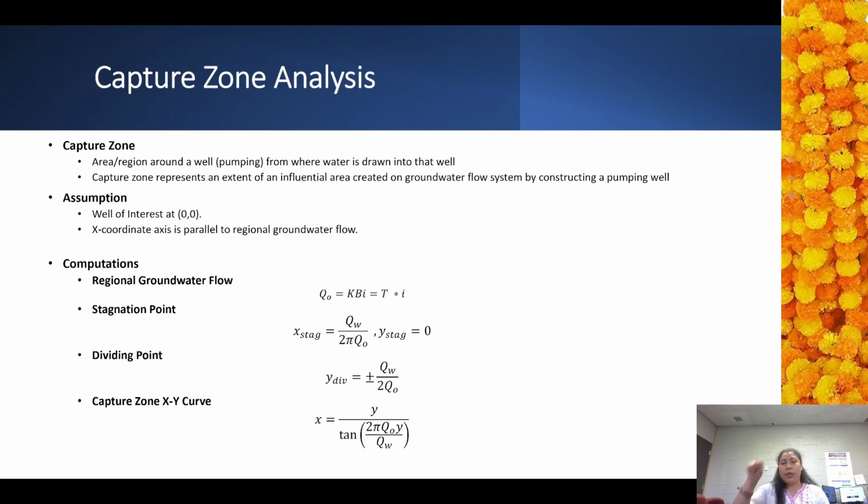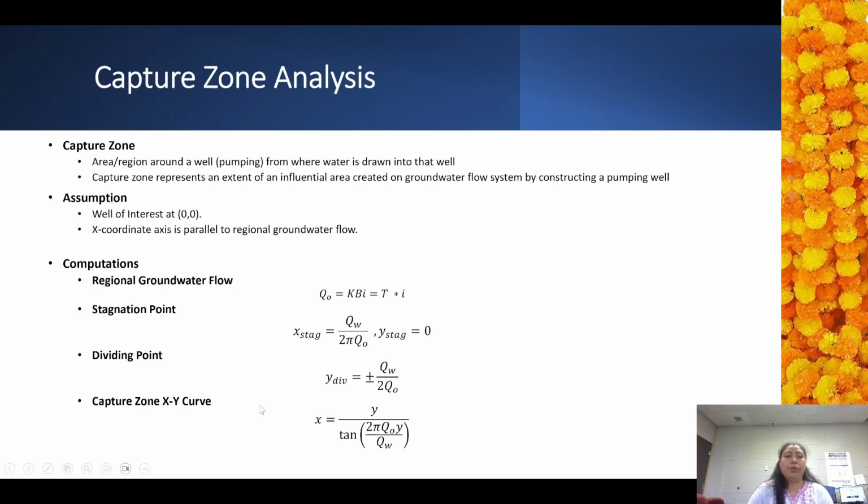And for getting the coordinates of the curve, we need to first find the extent of y, that is the extent of northing up to which the well can influence. For determining the extent of y, we use the formula y divide equals Qw by 2 Q0. So we have a capture zone curve equation provided to us. With the help of this equation, we can determine the various values of y for the various values of x determined in the previous step.